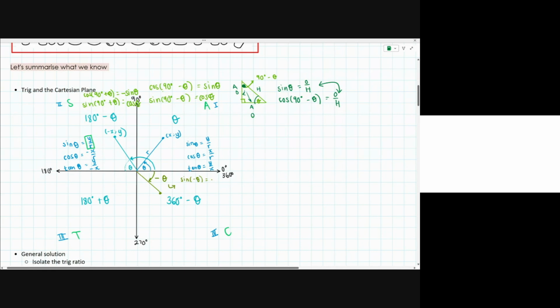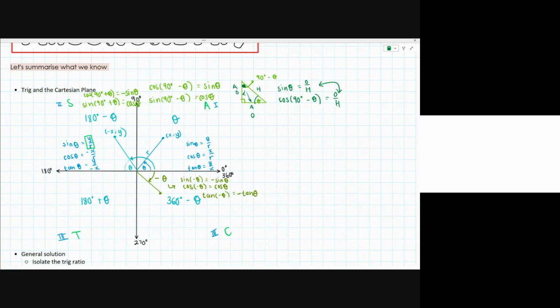So sine of a negative angle is negative sine of that angle. Cos of a negative angle is positive cos of that angle. And tan of a negative angle is negative tan of that angle, because in quadrant 4 only cos is positive. So just remember negative angles, quadrant 4, which ratios are positive or negative there.